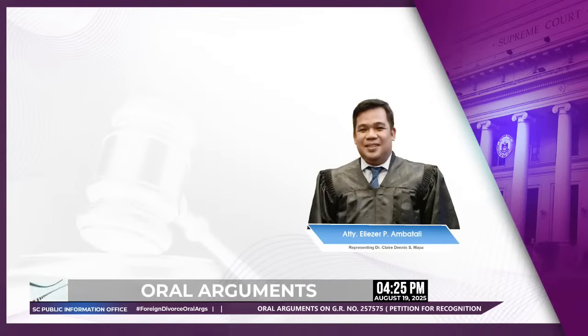We would like to note, however, that in terms of the submission of a certificate of legal capacity, the U.S. Embassy has informed the Philippines that they are unable to produce a certificate of legal capacity as provided under Article 21 of the Family Code. The reason is that the U.S. has no centralized registry of marriage, and therefore, the document that they present to our local civil registrars is an affidavit in lieu of the legal capacity.